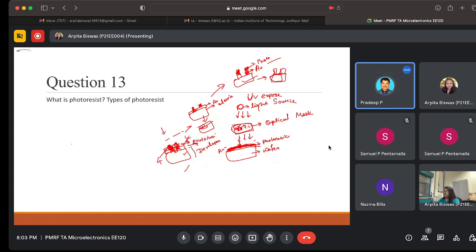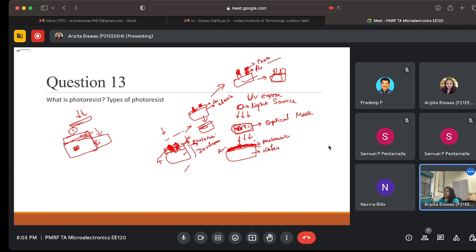See, if there is a silicon wafer and there is a positive photoresist, this is silicon, this is positive photoresist, there is a UV exposure, and this is a mask. What happens in that case? If it is a positive photoresist, which portion will it protect?